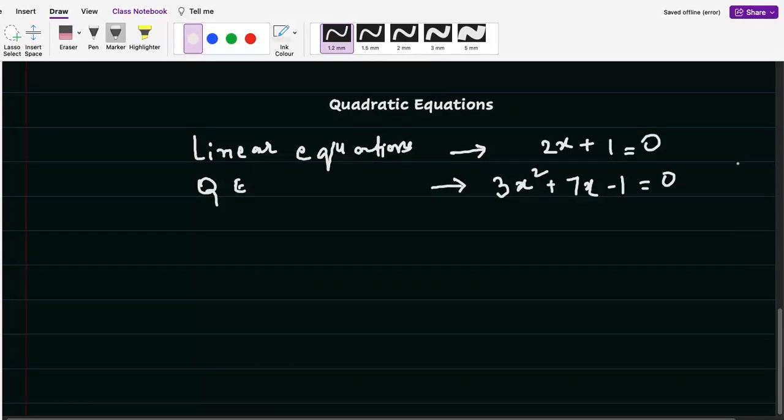So what's the difference between these two? One visible difference is that the linear equations have two terms, whereas quadratic equations are having three terms.